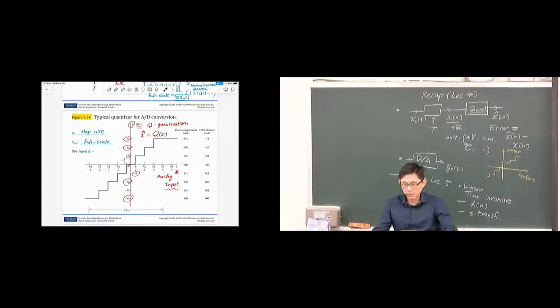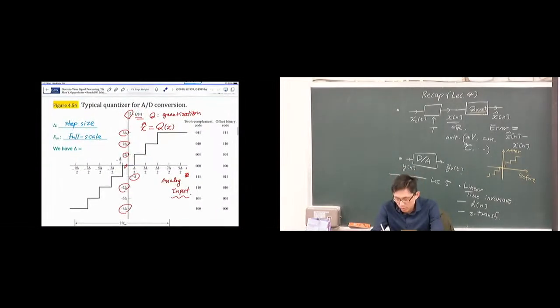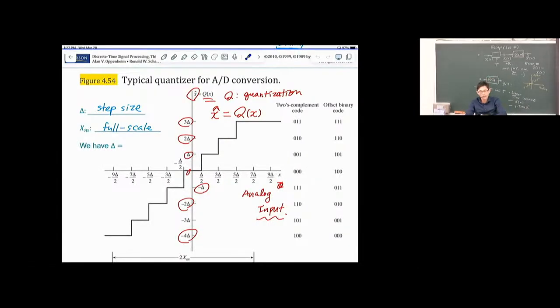Okay, so as you can see, we have this I/O function, which looks like a staircase, right? So output versus input. And again, you see that output is denoted by a hat, x hat.